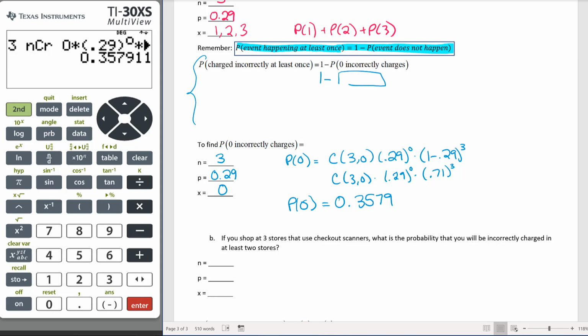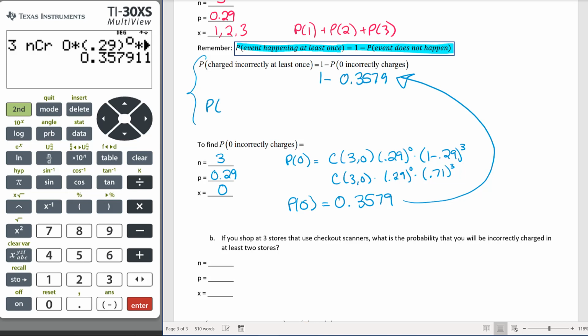Okay, now that's not my answer. The question asked at least 1. So what I'm going to do is come up here and replace the probability of 0 incorrect charges with the probability I found, 0.3579.